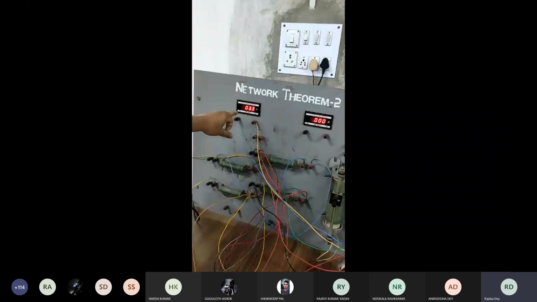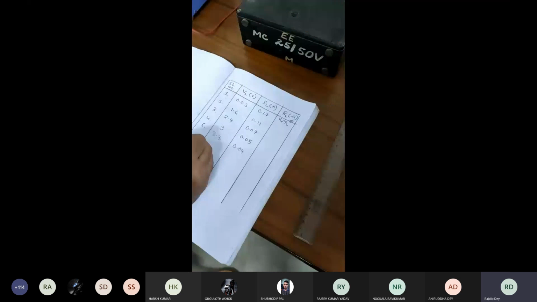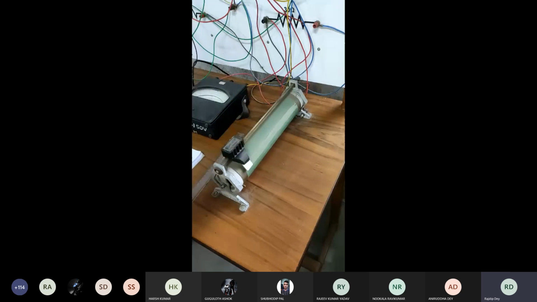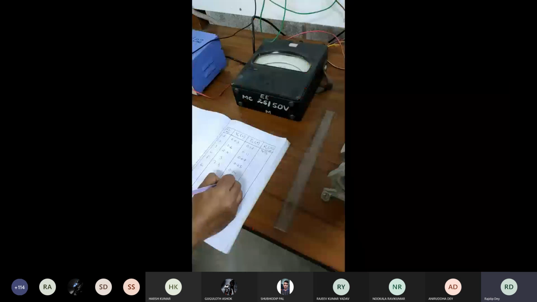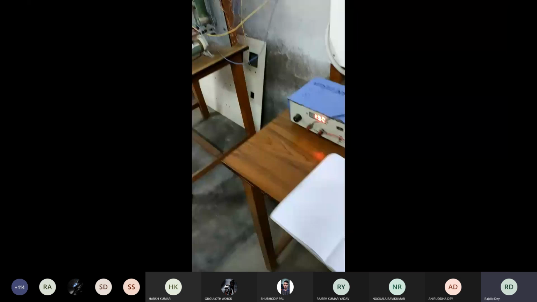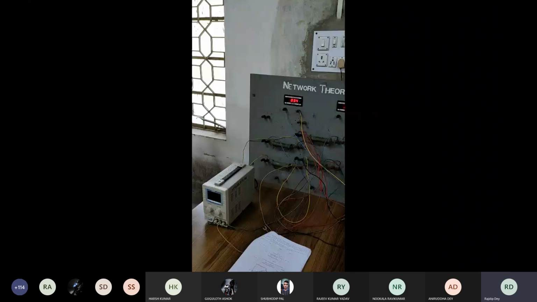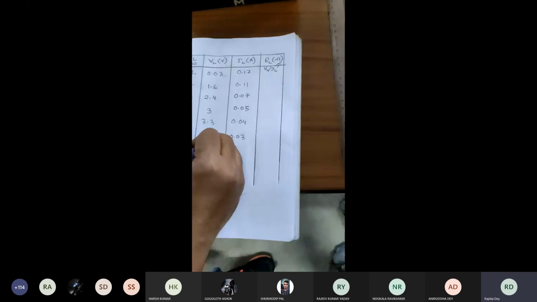The last reading we will take with the maximum value of this rheostat, where the current reading is 0.03, and the voltage reading is near about 3.5. So we'll write that this value will be equal to 3.5.